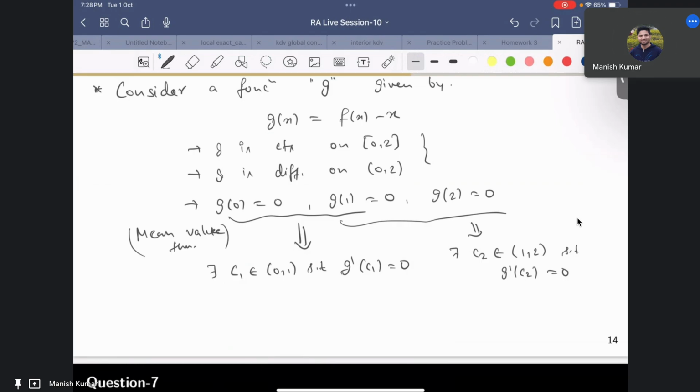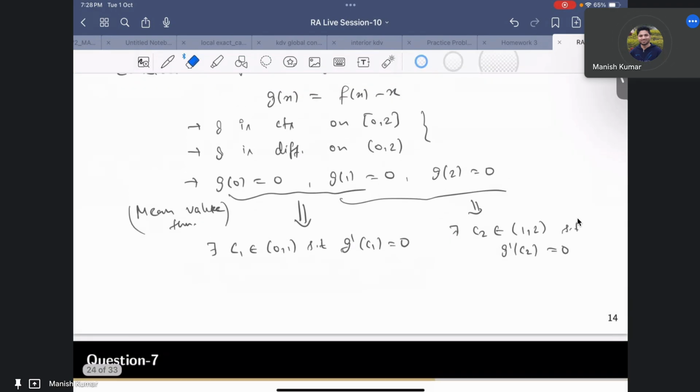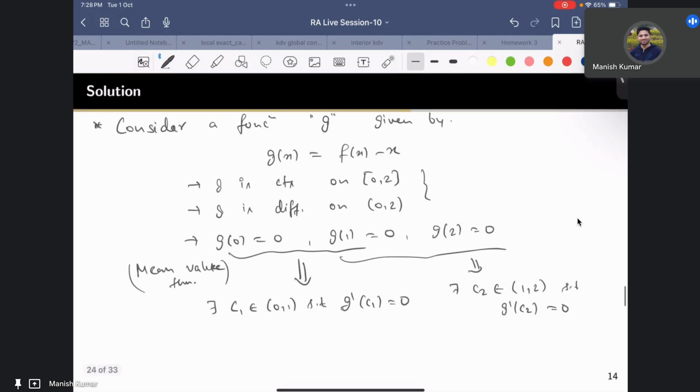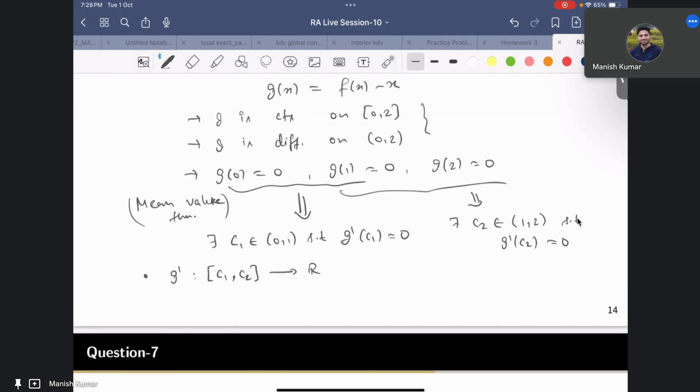Now again, what you can say is that this g prime is again differentiable, and this g prime is again continuous on this 0 2. Okay, so what you can say here in the next line is that g prime, if I restrict to c1 to c2, so I am restricting this g prime, so let's say I am defining this g bar such that g bar of x is equal to g prime.